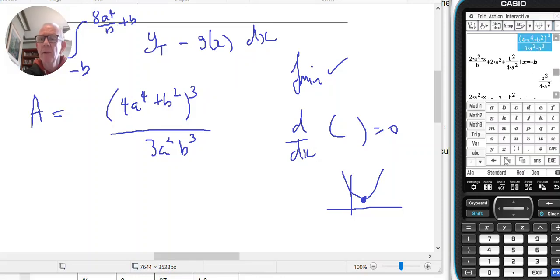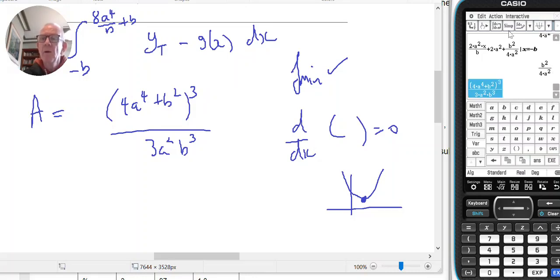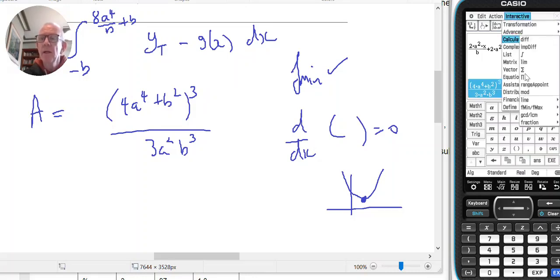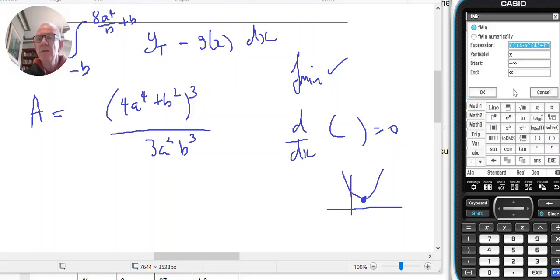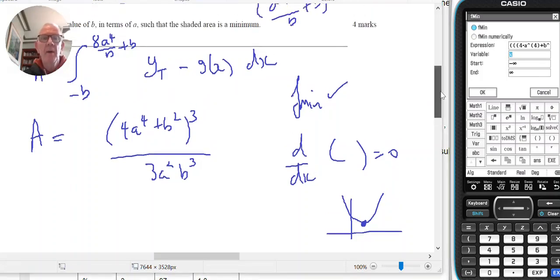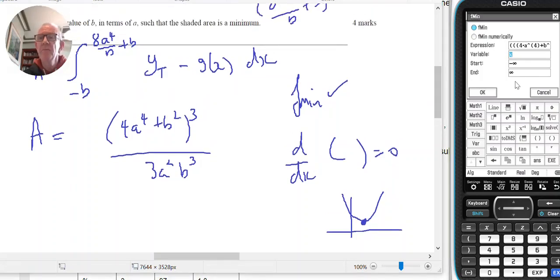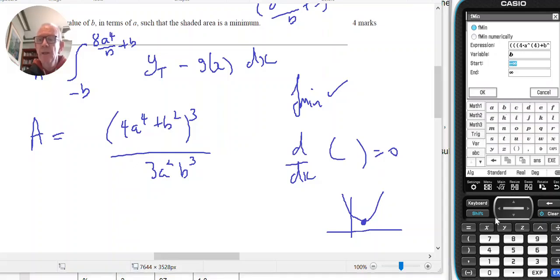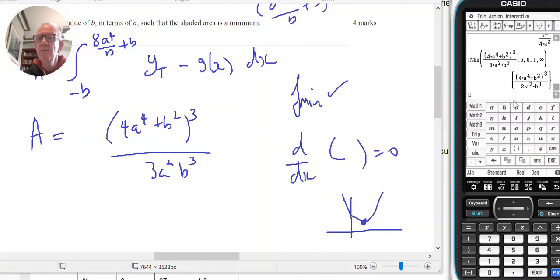There it is there. Copy, paste. If I was to go interactive, calculate f min, do I do A or do I do B? Since it's asking for my answer B in terms of A, I'll do B. Variables B, and B has got to be bigger than 0, it can't equal 0, so 0.1 to infinity, and it just gave me the same expression.